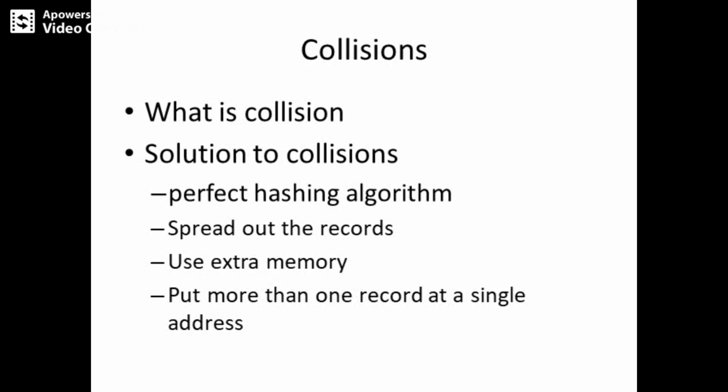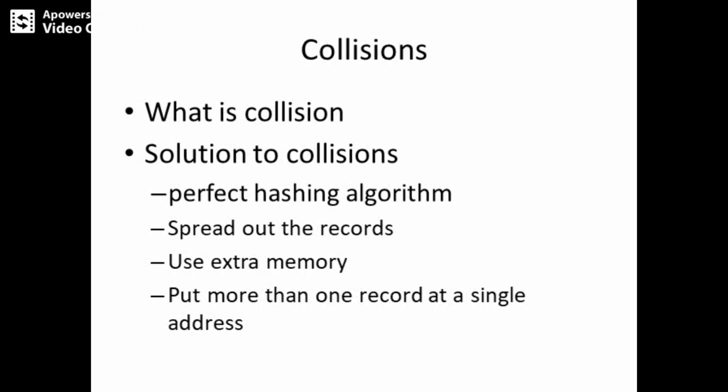The next method is use extra memory. If you have extra memory, you can spread the records more easily, right? If you have extra space, you can spread it easily. If you have congested space, you cannot spread it easily. So that is why use the extra memory to spread the records nicely.